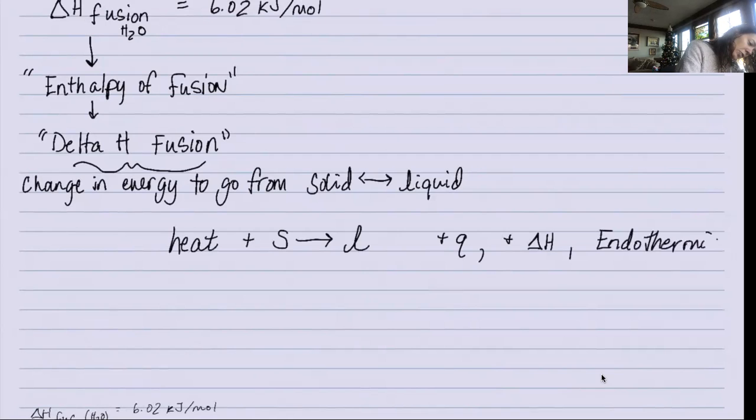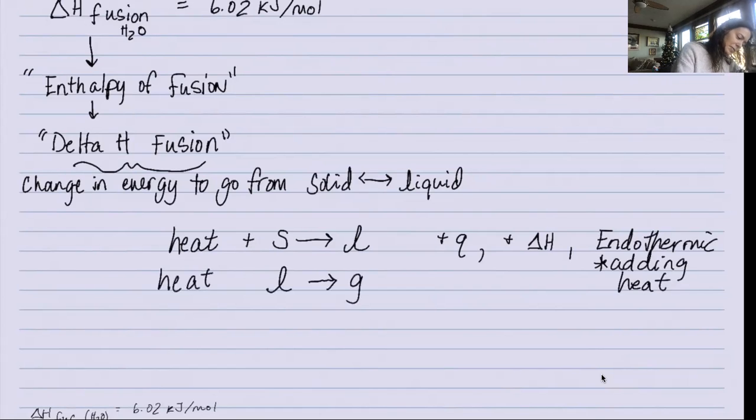That simply means we are adding heat. That would also be the same if we were going from a liquid to a gas, or from a solid to a gas. All of these processes are endothermic. They have positive Q values, positive delta H values.